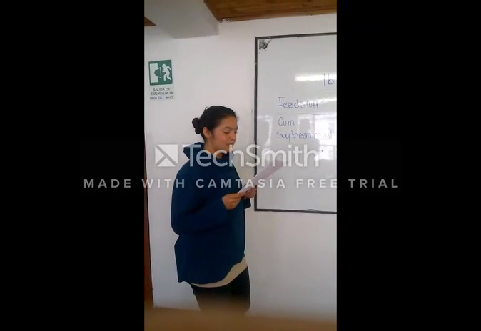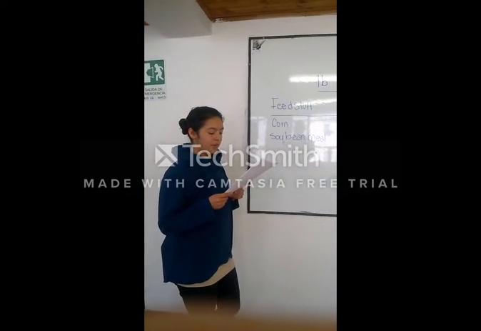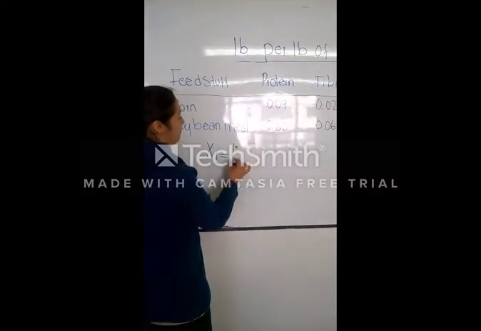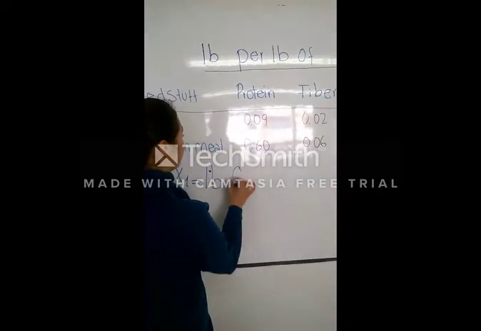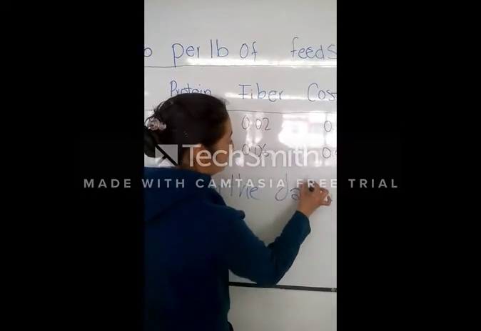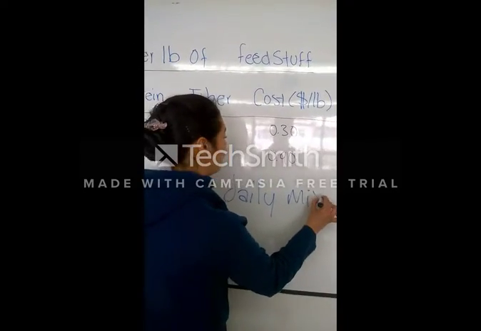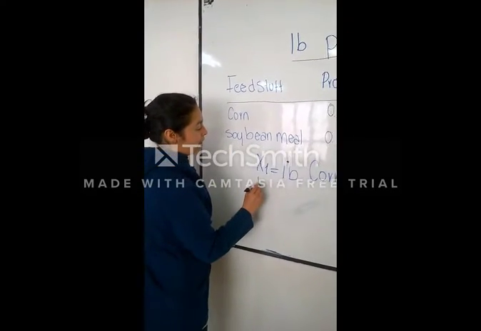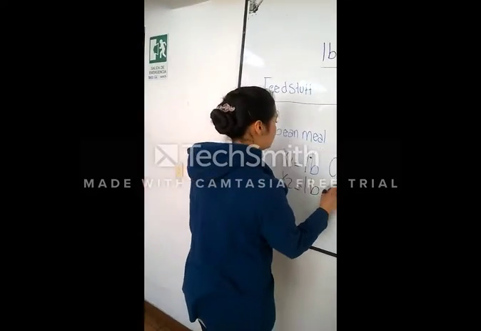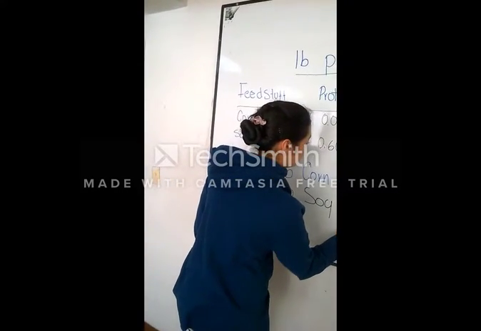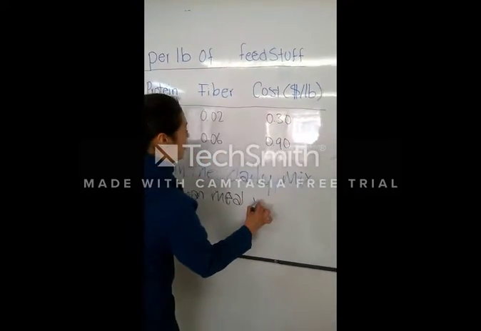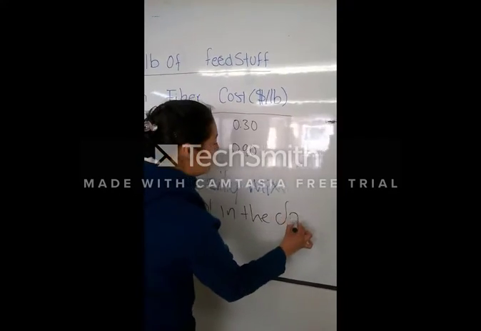The decision variables of the model are defined as x1 equals pounds of corn in the daily mix, and x2 equals pounds of soybean meal in the daily mix.